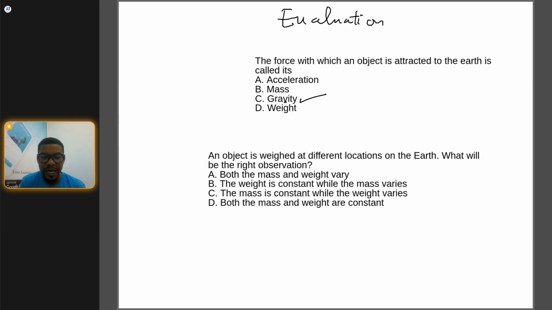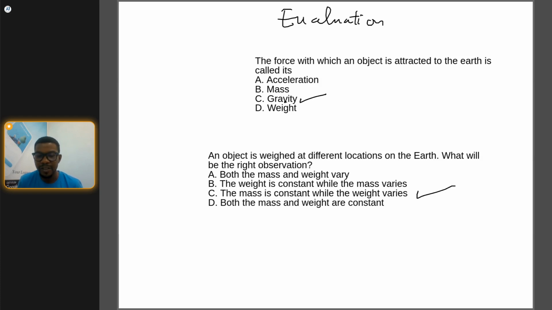What will be the right observation? We've discussed this while explaining the concept of mass and weight. Okay, C. Someone gave us the response C. The mass is constant while the weight varies.